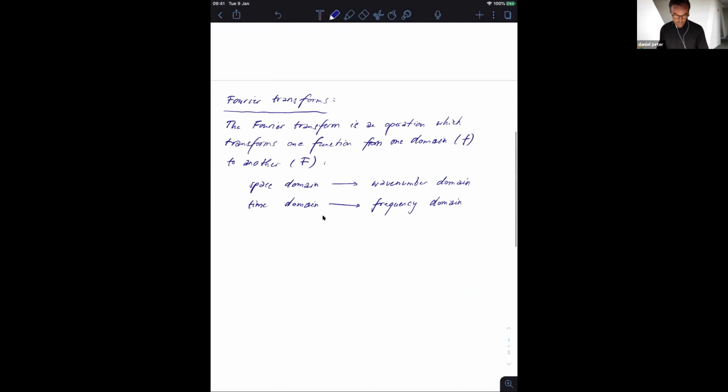So the transform and the inverse transform are needed for us to go into the wave number domain and come back. Basically.